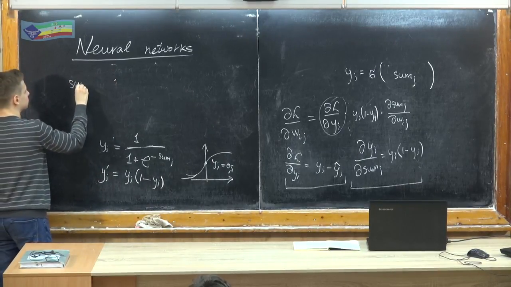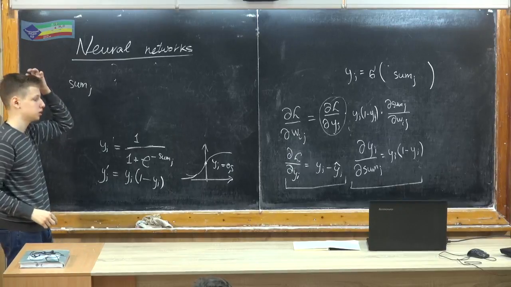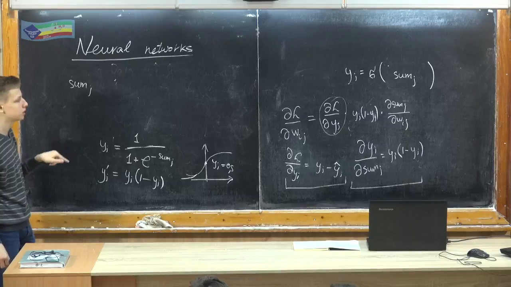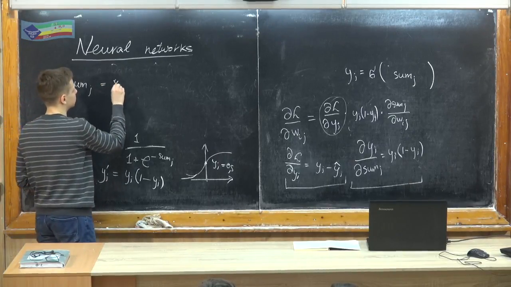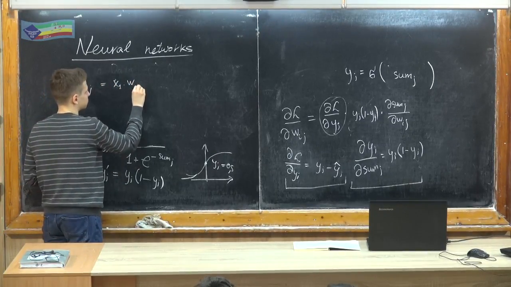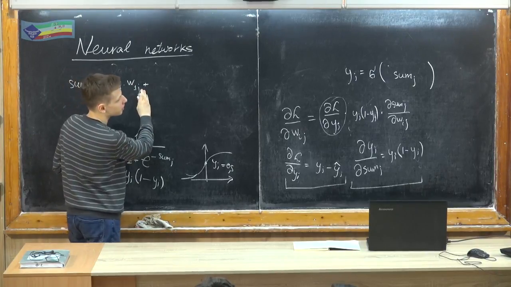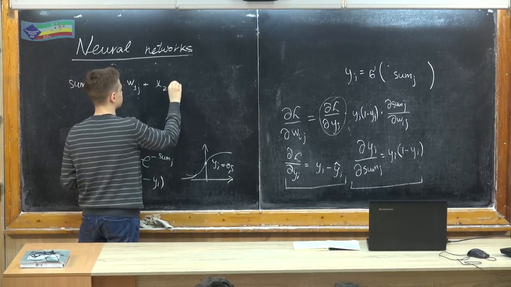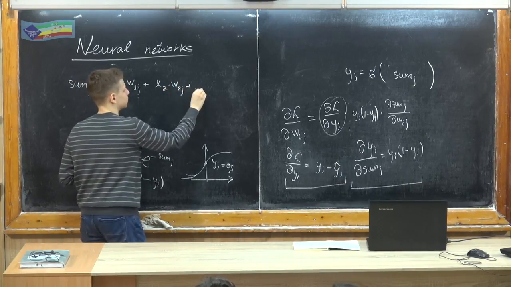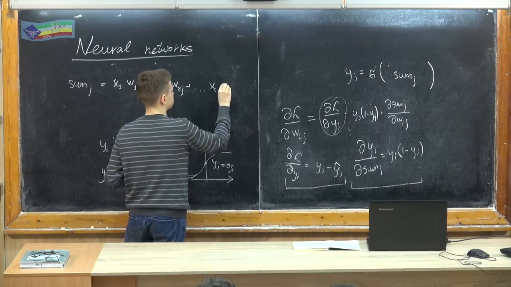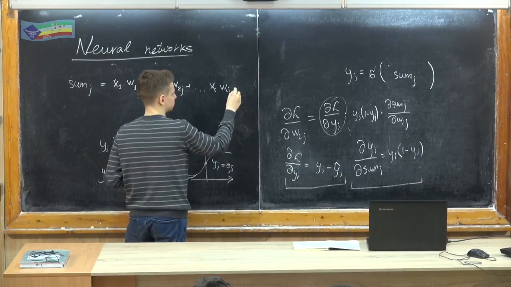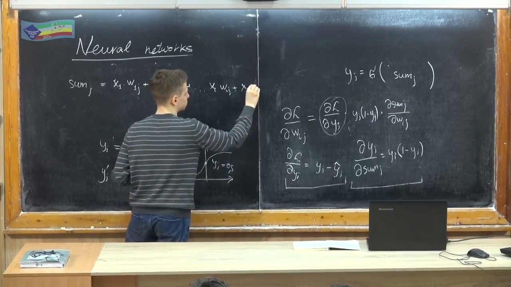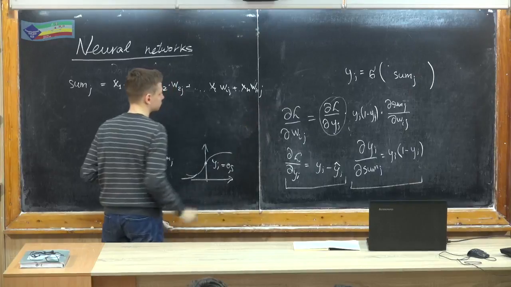We can again use the trick we used in the loss function, where we rewrite this sum notation as follows: x1 multiplied by w1j plus x2 multiplied by w2j plus xi multiplied by wij plus further xn multiplied by wnj.